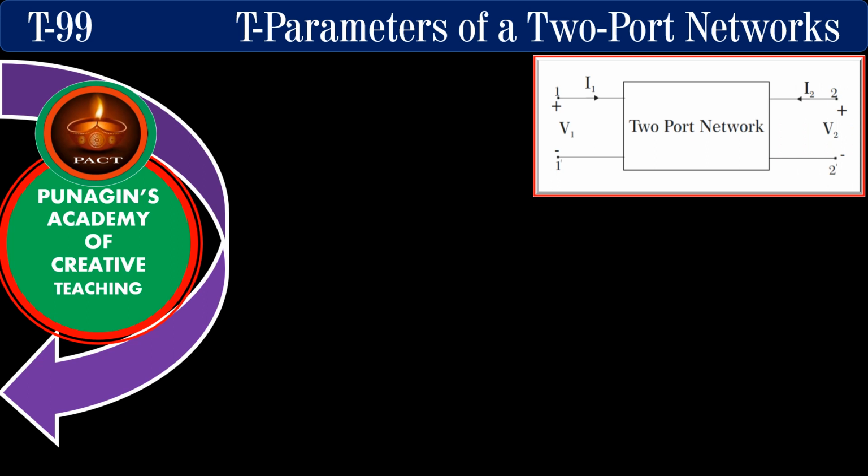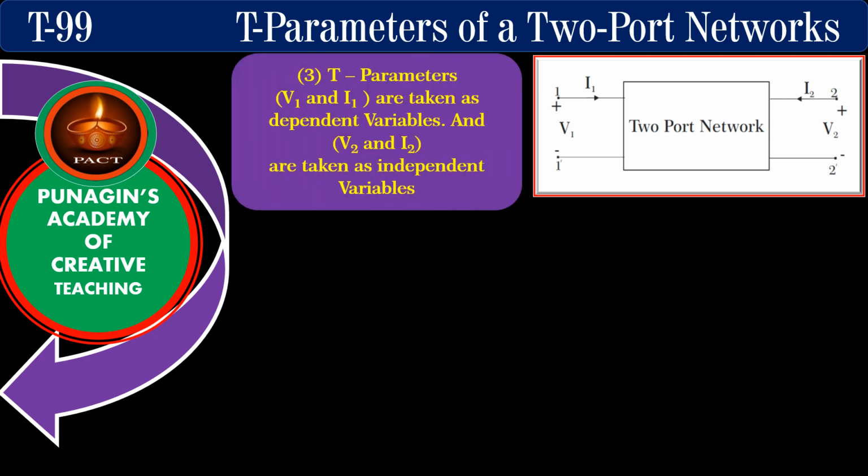Friends, next we shall discuss T parameters of a two-port network. T parameters are also called transmission parameters or ABCD parameters or cascade parameters because the transmission lines are represented in terms of T parameters. If we represent the transmission line in terms of T parameters, the analysis becomes simple.